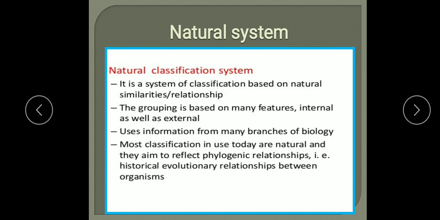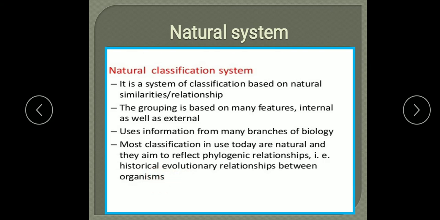So unlike the artificial system of classification, which was rigid, the natural system is flexible. This information from the various branches of biology helped in placing closely related taxa together or close to one another. Most classifications in use today are natural, and they aim to reflect phylogenetic relationship, that is, the historical evolutionary relationship between the organisms.